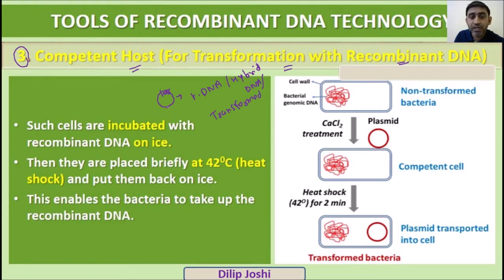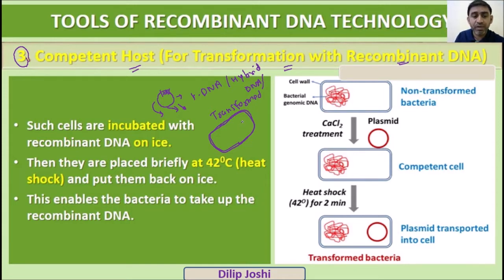This transformed vector we are going to introduce again into the bacteria so that it can multiply. When this recombinant plasmid is introduced into the bacterial cell, since the bacterial cell is hydrophilic in nature, it is difficult to introduce. So there are some strategies, some methods, used to introduce this vector into the bacterial cell.